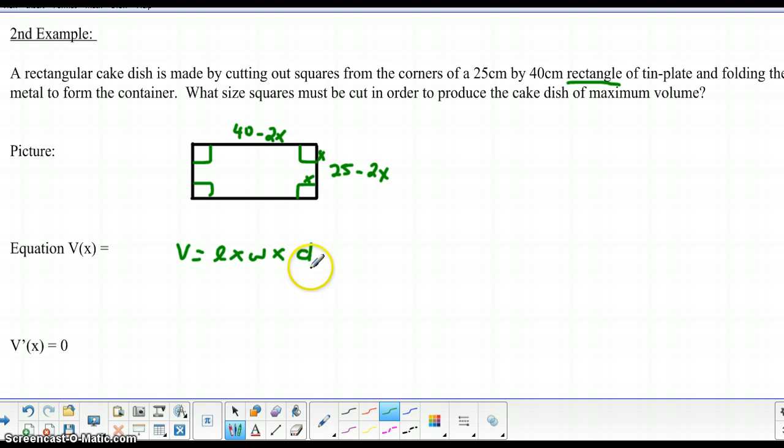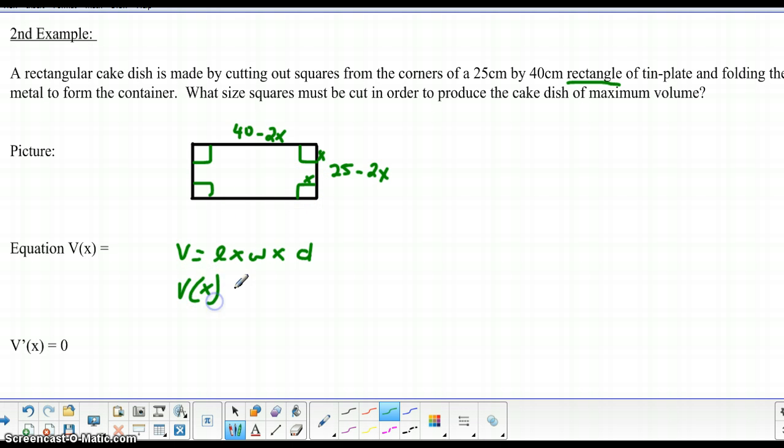And our depth in this case, since this is going to be a square, is going to be x. So we know it will be 40 minus 2x times 25 minus 2x times x.